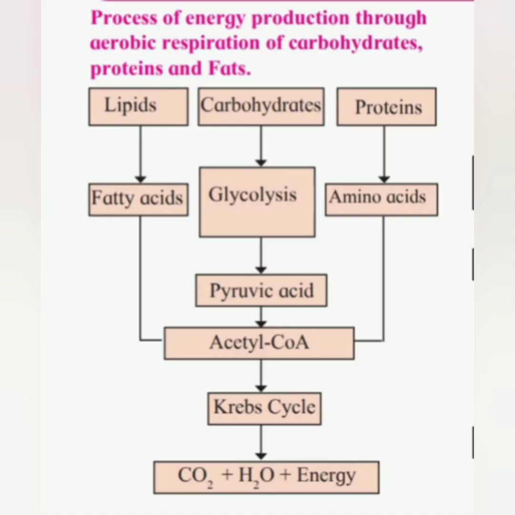In this picture, we can understand both the life processes. The food we eat contains lipids, carbohydrates and protein. Lipids are converted into fatty acids. Carbohydrates are converted into pyruvic acid by the process of glycolysis, and proteins are converted into amino acids.